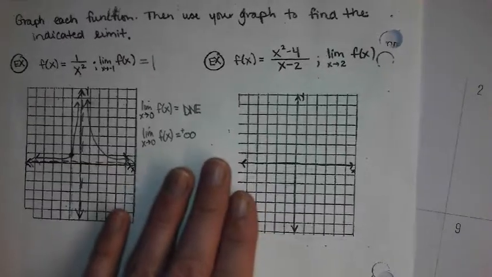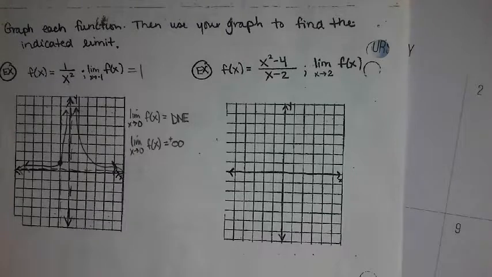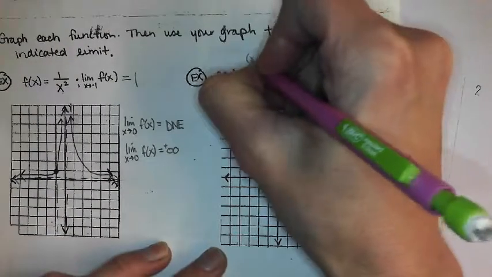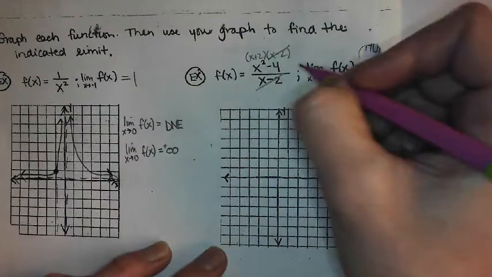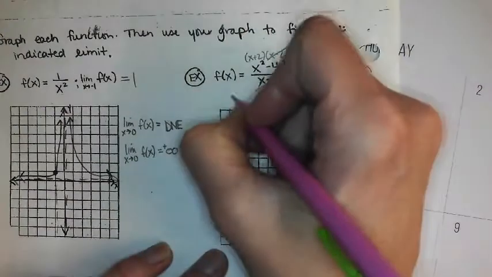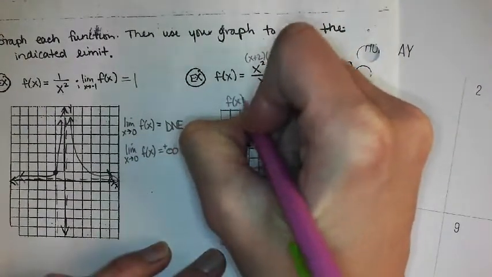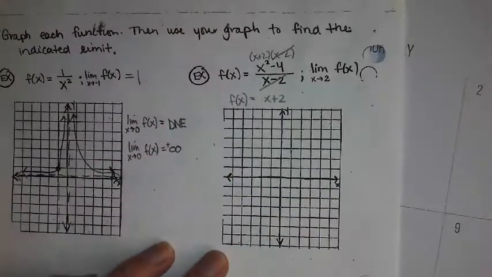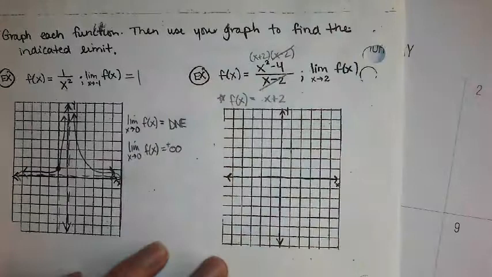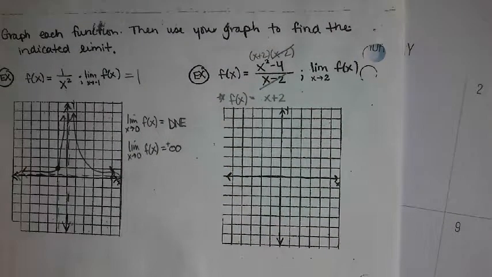In exercise 2 here, before we jump into graphing, we can factor and reduce, yes? So we have x plus 2, x minus 2 up top. That cancels. So this simplifies to being very similar. I'm going to put an asterisk next to that because that's not truly the function.